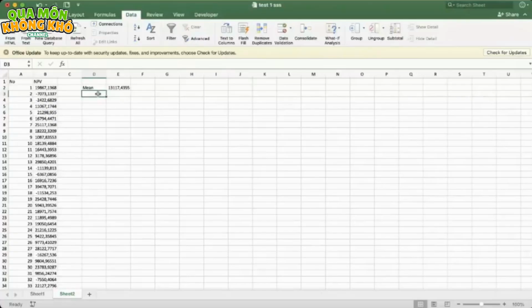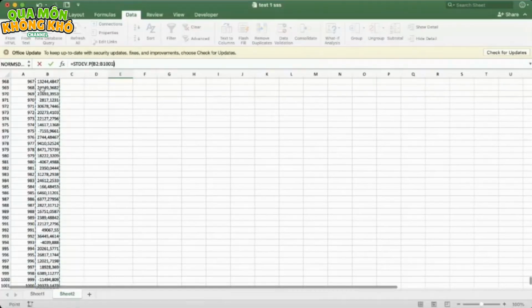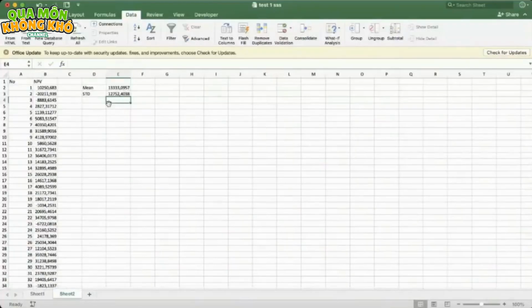And from this mean we can get the standard deviation. We can also get the standard deviation of the NBV from the 1,000 steps of the NBV.